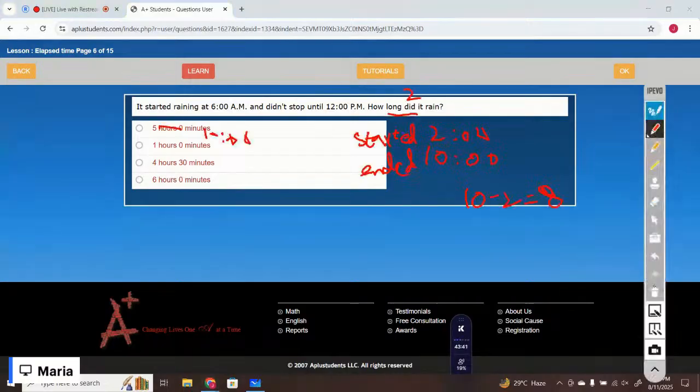Started at 6 a.m., ended at 12. So, 12 minus 6 is 6 hours. It rained for 6 hours.